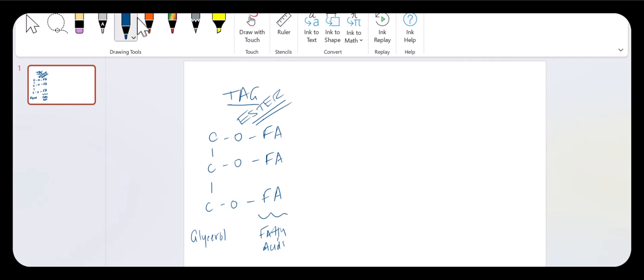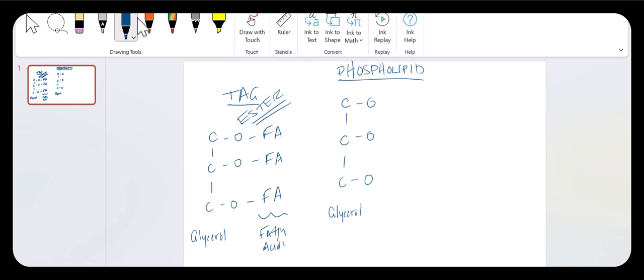But now let's look at a phospholipid. And we'll do it in kind of a compare and contrast kind of way. So we still have the glycerol, our 3-carbon alcohol. We'll put the oxygens on it.